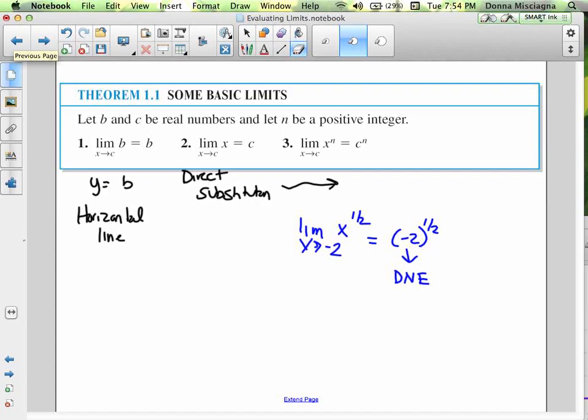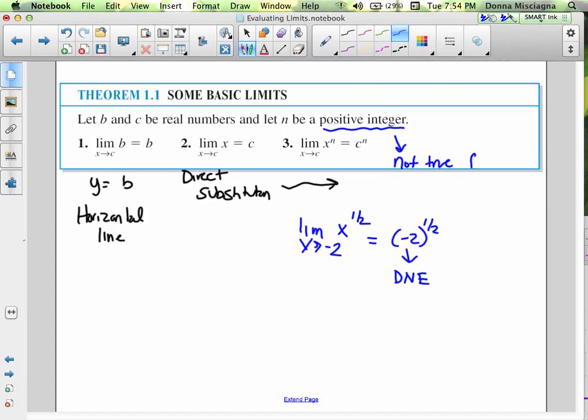This is an example of a value that wouldn't work, because it's not true for all exponents all the time. But it is true for positive integers.